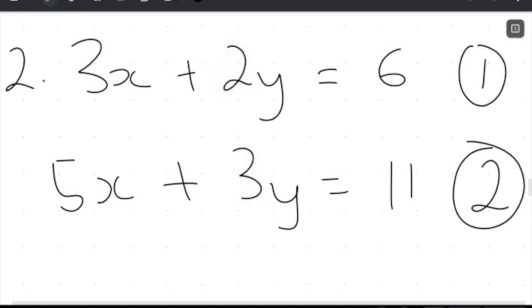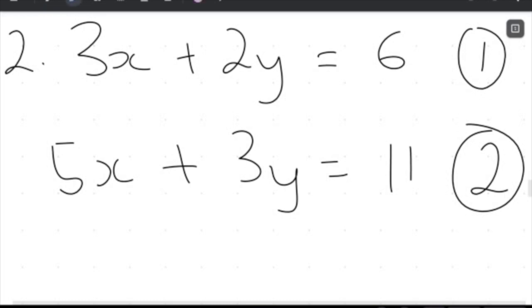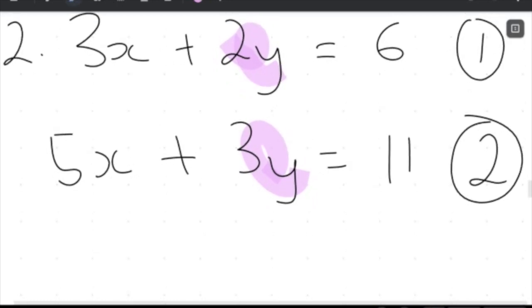So, I'm just going to work with the y's here again. I'm going to change these via multiplication to get me to the same coefficient.